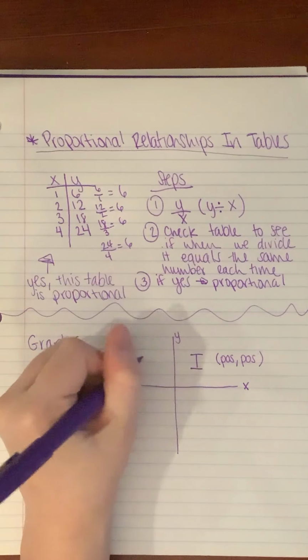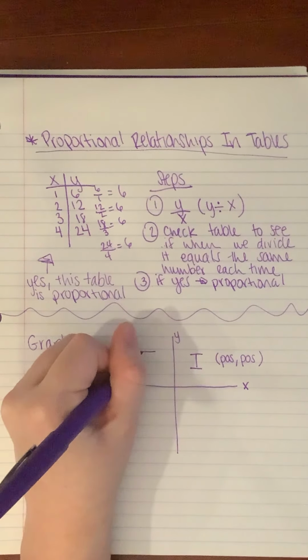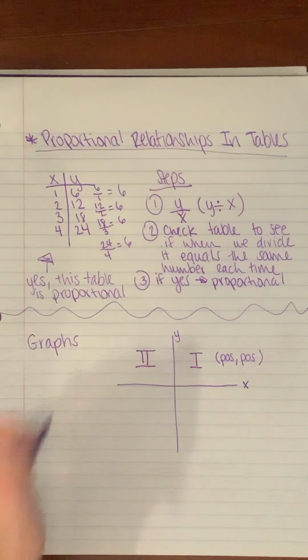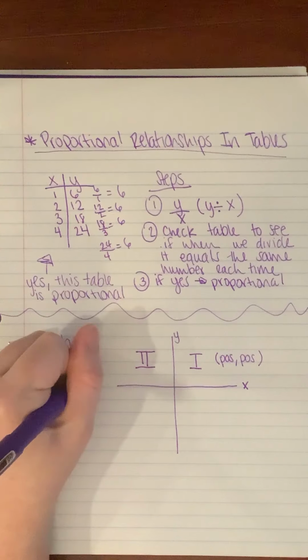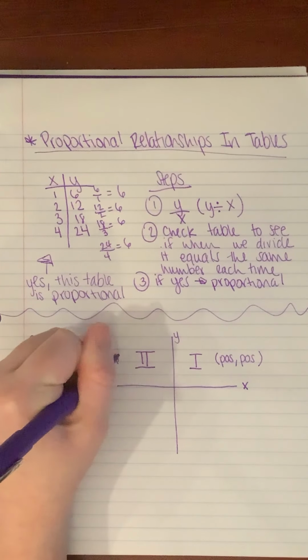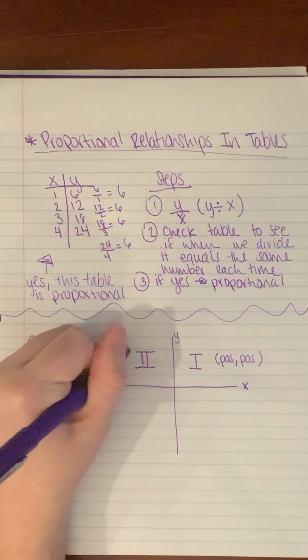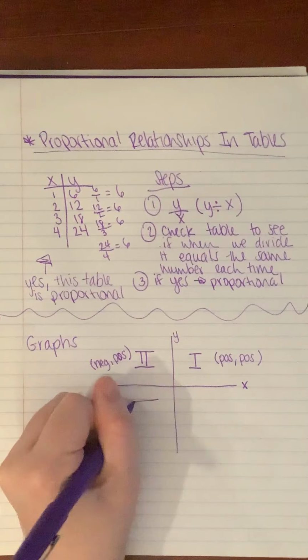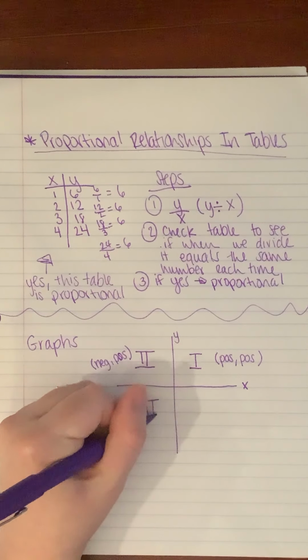Okay, moving over to the left is our second quadrant. Here, we live in a world where our x-axis is negative, but our y-axis is positive. Moving on down, we have our third quadrant.